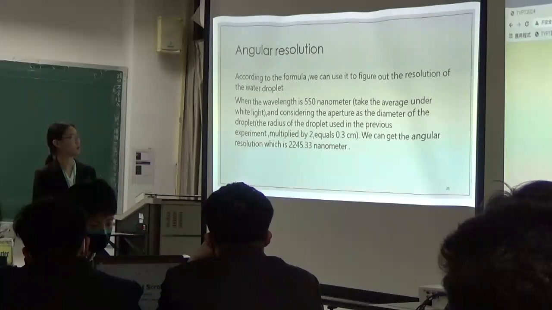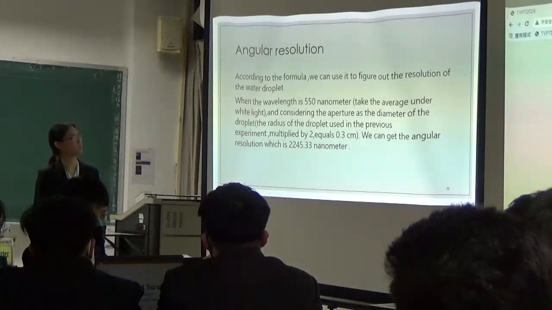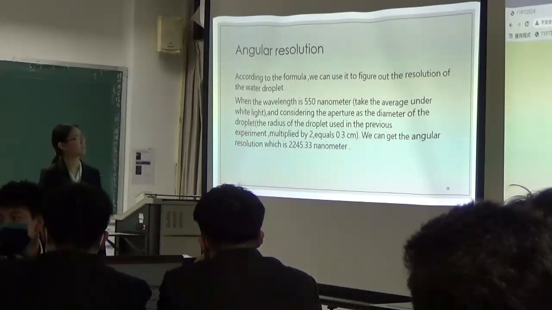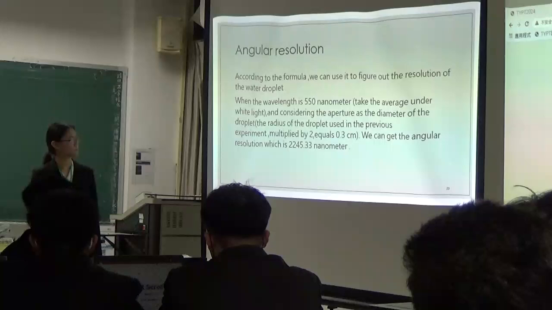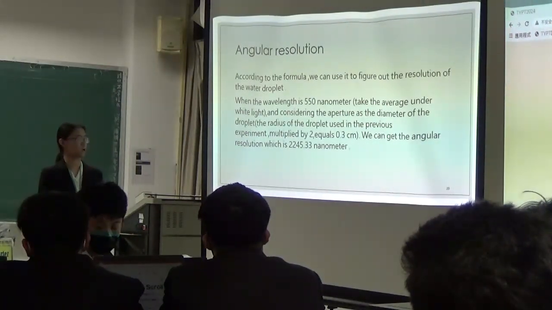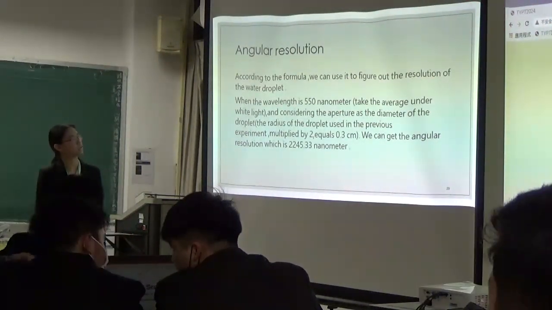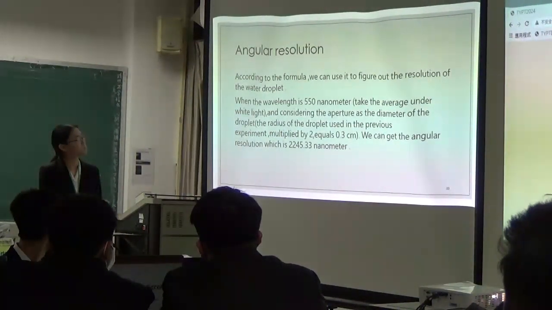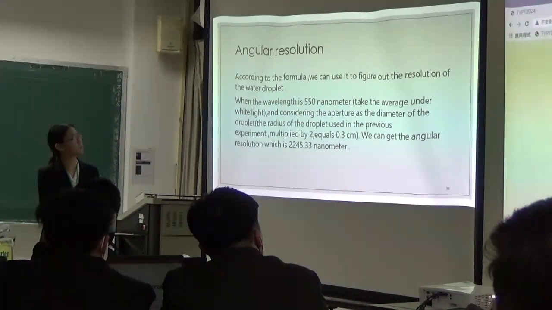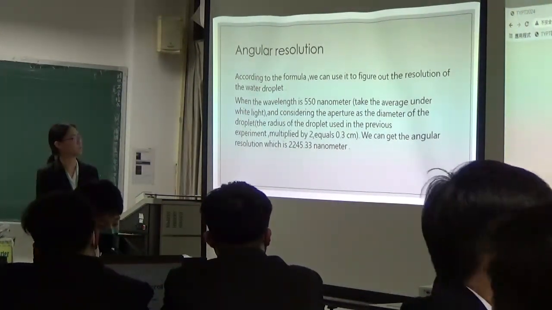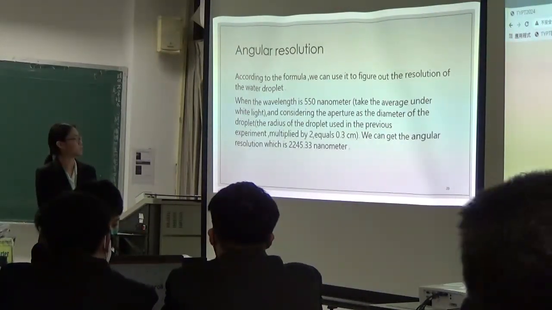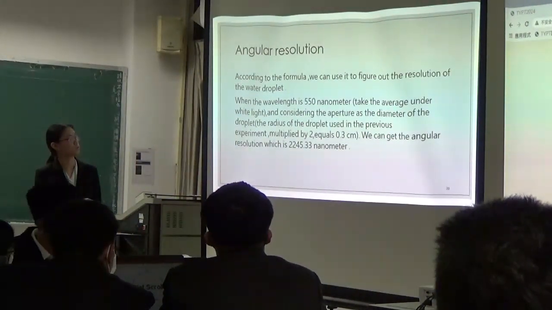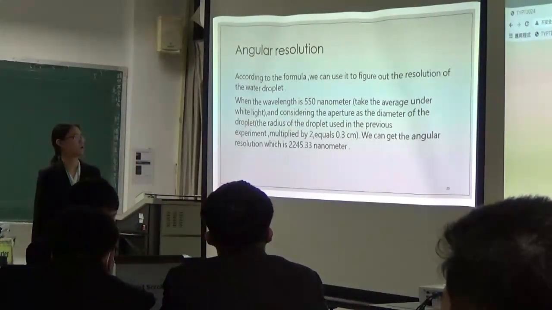According to the formula, we can use it to figure out the resolution of the water droplet. When the wavelength is 150 nanometers, and considering the aperture as the diameter of the droplet, I use the radius of the droplet used in the previous experiment, multiplied by 2, so it equals 0.3 centimeter.